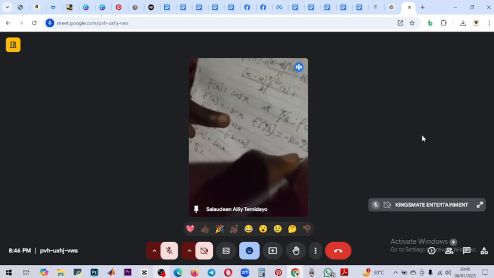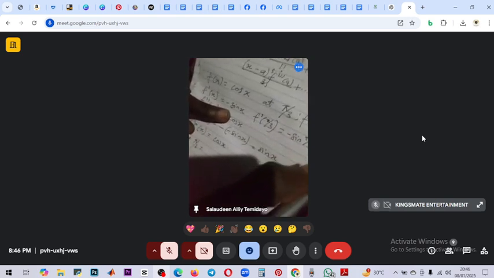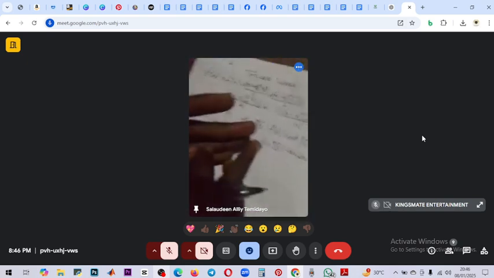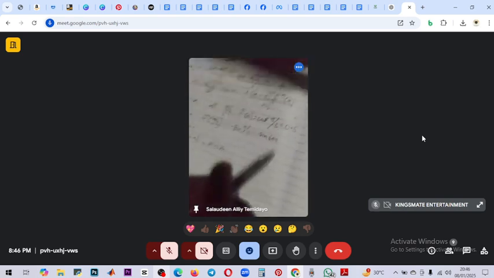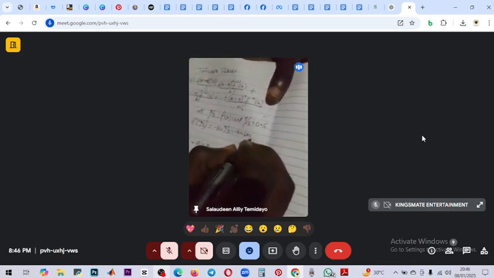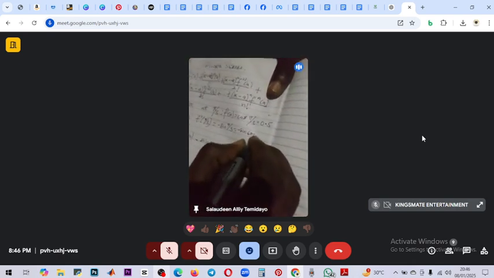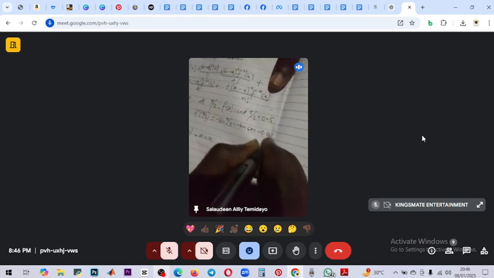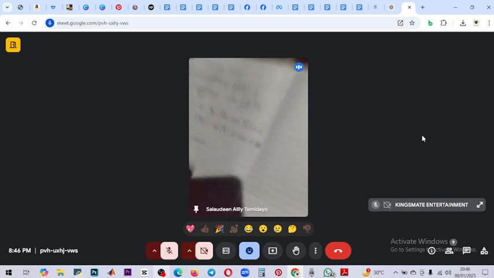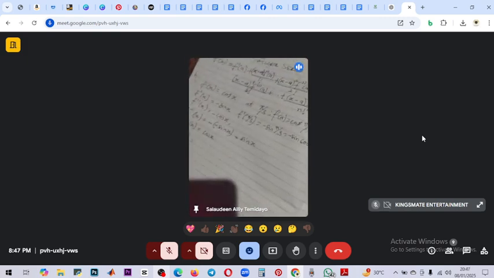This is the same as minus sine 60, right? We said pi over 3 is 60, in the case of trigonometry. So this is now minus sine 60, and sine 60 is 0.866. So this is going to give me minus 0.866.